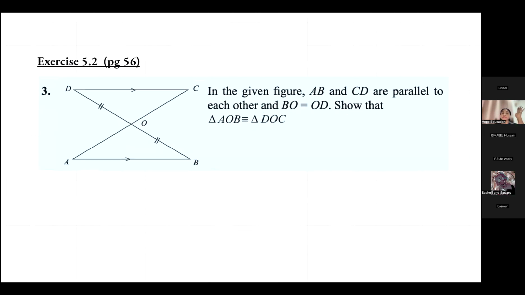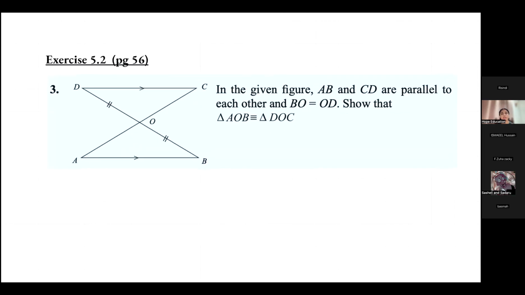Let's see. In the given figure, AB and CD are parallel to each other. Can all of you hear me? Okay. AB and CD are parallel to each other. So here this is AB, here this is CD, and they have already marked parallel, no? It's already marked parallel, so no problem.